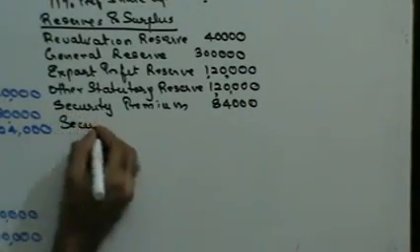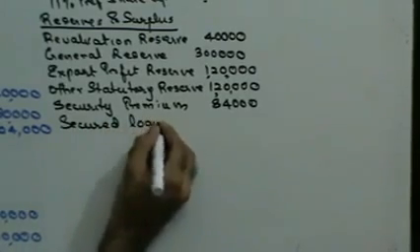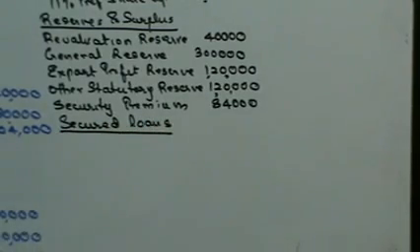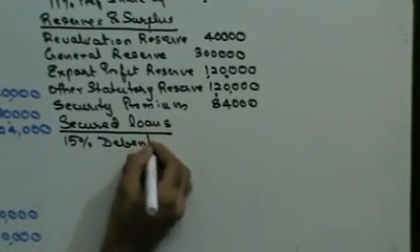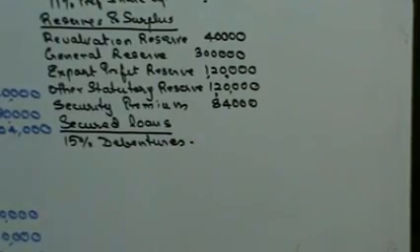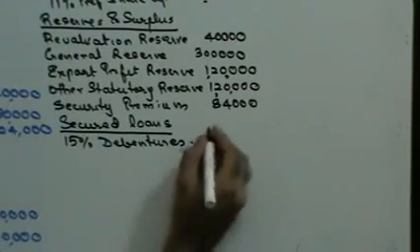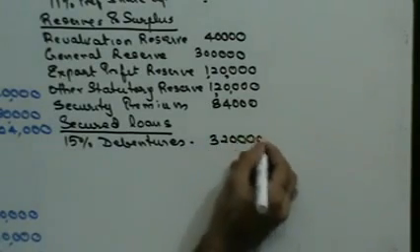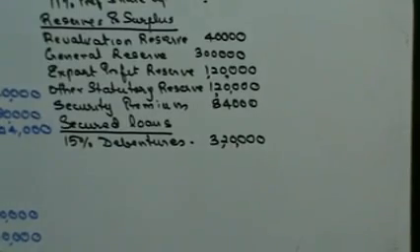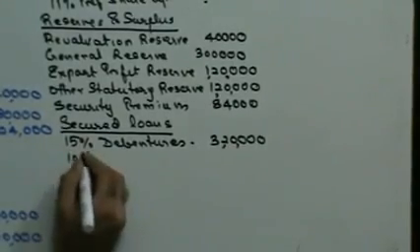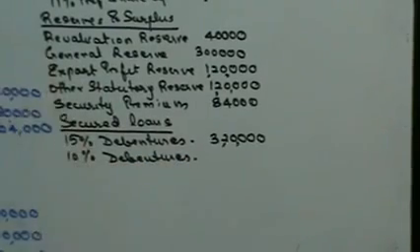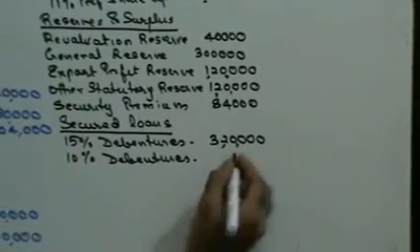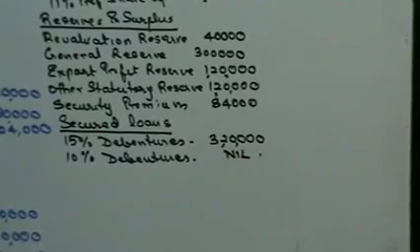Then secured loans. Under secured loans, you have 15% debentures. 15% debentures were of 1,60,000 and you issued another 1,60,000. So 3,20,000. Right? You had taken over 10% debentures, but they've been converted into 15% debentures, so this will be nil.